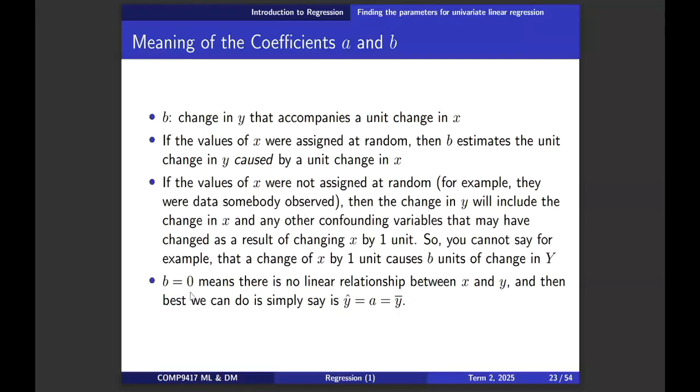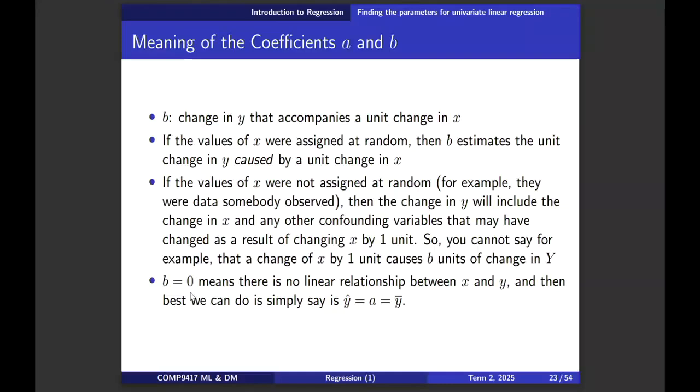So if, for example, b was 0, just by reasoning from the equations we've derived, we know that there's actually no relationship between y and x.